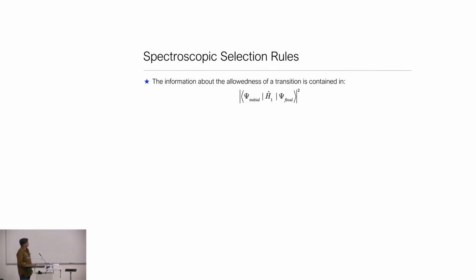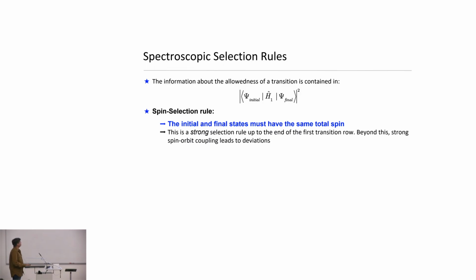Okay. Now you have a spectroscopic selection rule, and here you can use group theory, and I'm sure that Serena has talked about it. And the first selection rule is that the initial and final states must have the same total spin. That is a pretty strong selection rule, at least up to the end of, say, the first transition row, right?